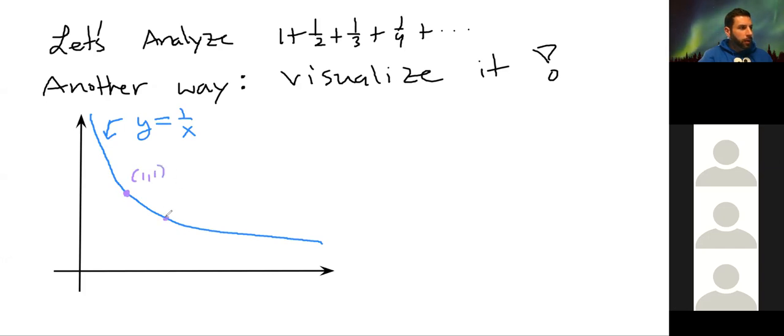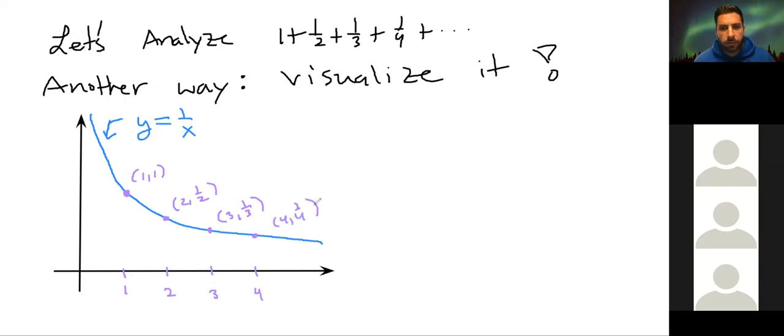So let's call this 1, let's call this 2. If I plug in 2, it spits out a half. And then if I plug in 3, it spits out a third. And then let's go one more. If we plug in 4, it spits out a fourth. Does anybody not see this sort of pattern?